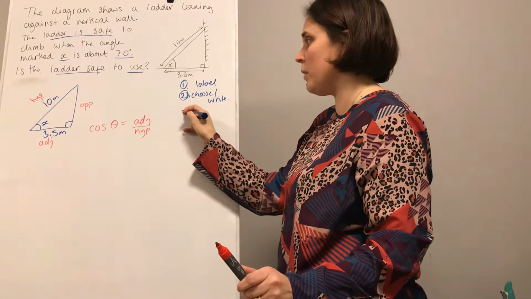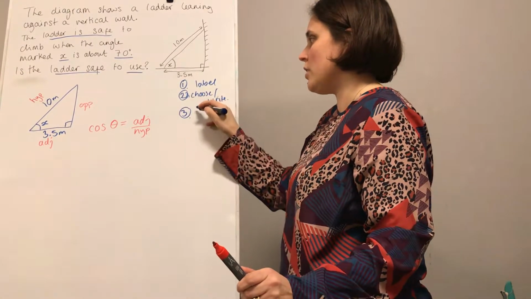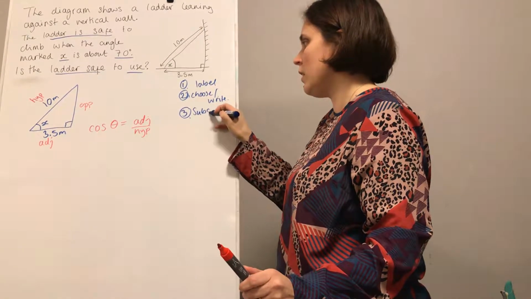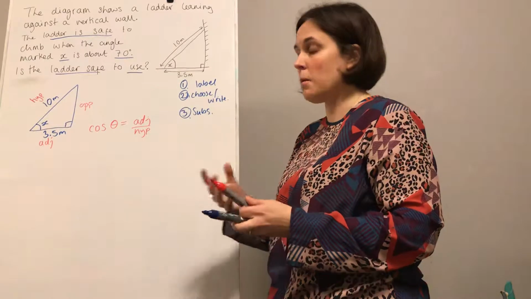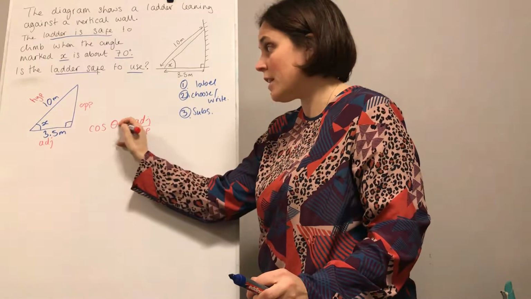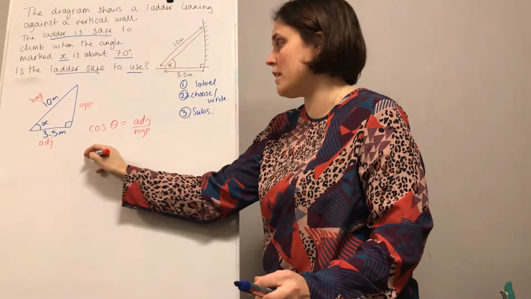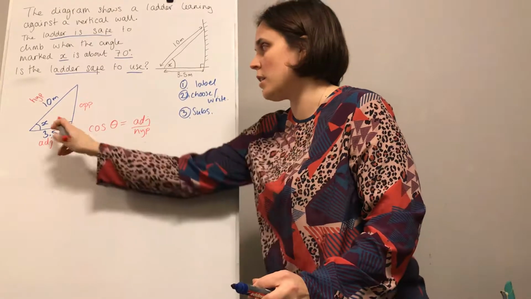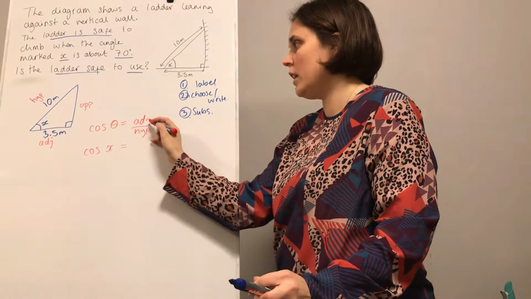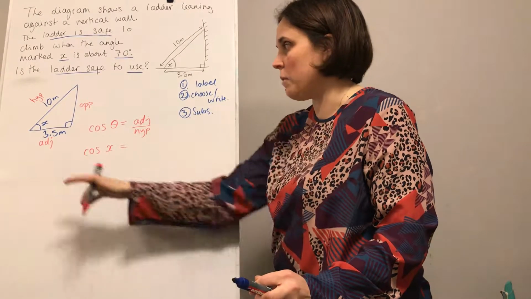The next step that I always follow is to fill in the information, or substitute. So I'm going to substitute in the information that I've been given in the question. Now theta, like I say, always represents the angle. So in this case I'm going to write cos x, because that's our angle, is equal to adjacent over hypotenuse.